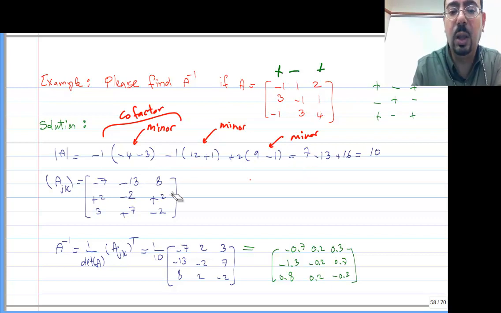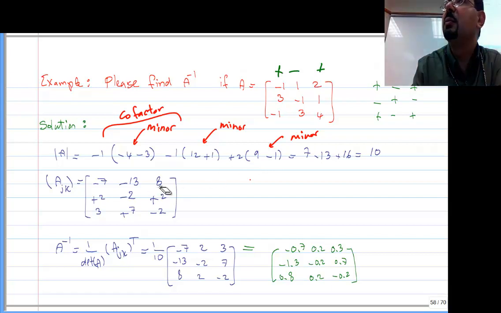And finally, I'm not going to do the rest, but basically this 2 should be multiplied by the smaller matrix here, 3, 3, minus 1, minus 1. So 3 times 3 is 9, minus 1 times minus 1, which is 9 minus 1. So that 8 should be here.